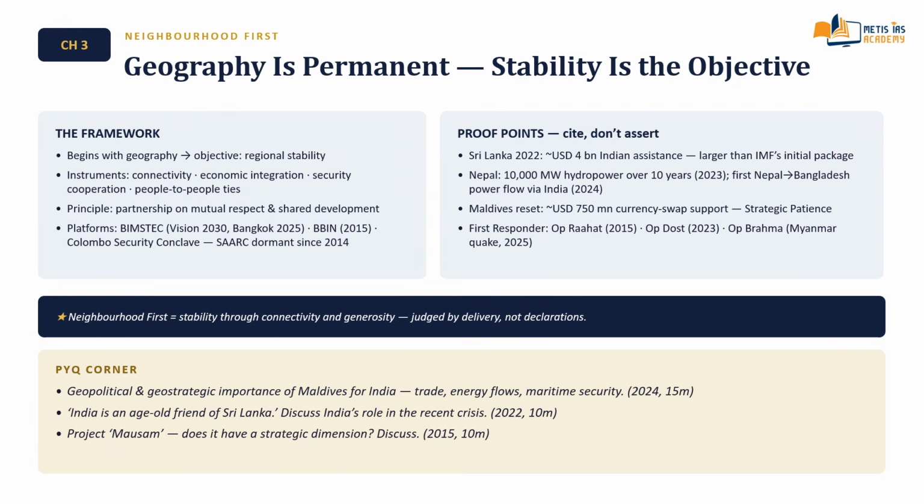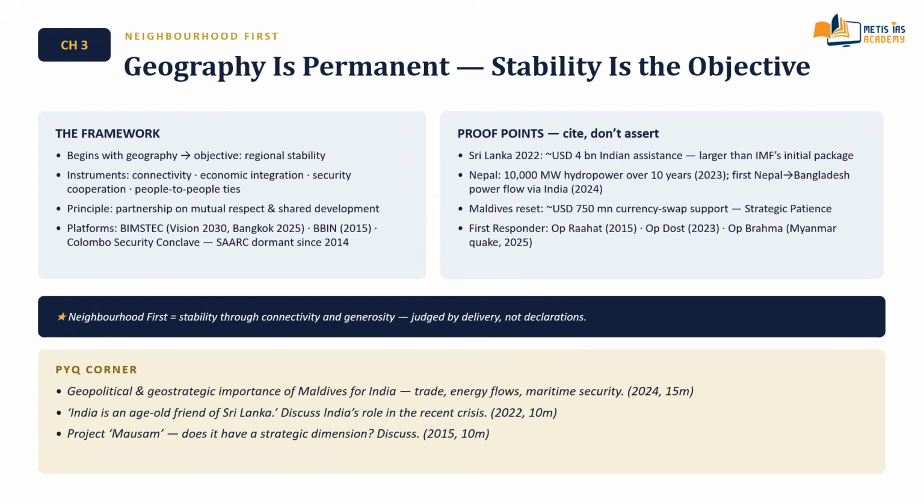Modern diplomacy increasingly combines economics, technology, security, and connectivity. And India seeks a stable, multipolar, rules-based international order that supports its long-term development. If you remember these principles, every chapter that follows will become much easier to understand.